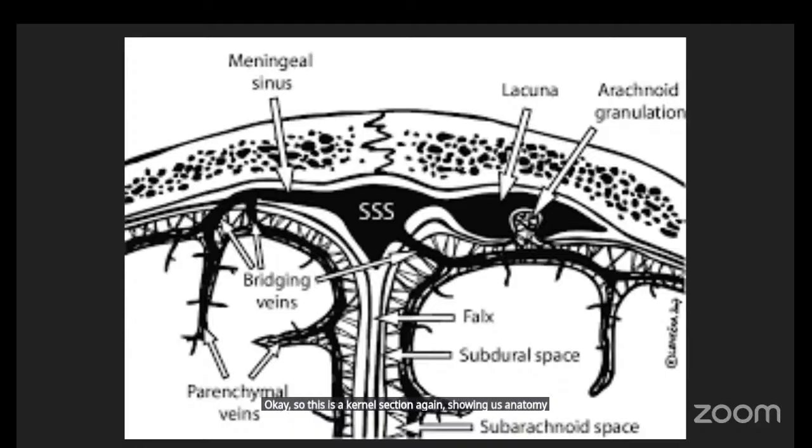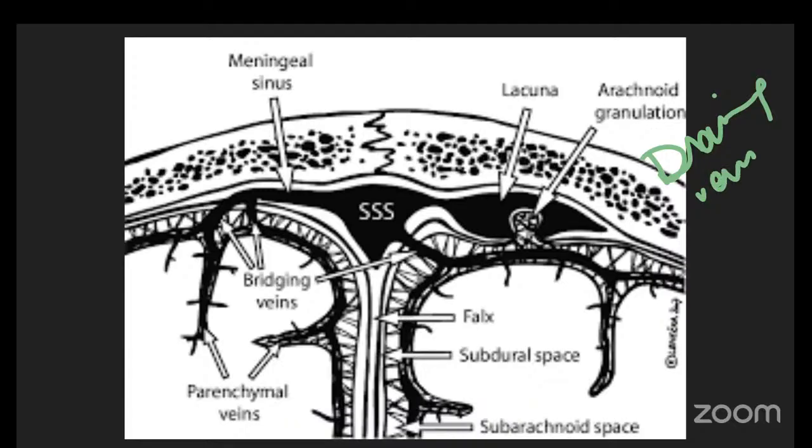Okay, so this is a coronal section again, showing us anatomy. It shows some bridging veins. It shows the parenchymal veins and the superior sagittal sinus, the arachnoid granulations, the lacunae, the same illustration that we have discussed before. There is only one important thing that I wanted to note here. I will show the image later on in the presentation, but let's see. So the draining veins enter into the superior sagittal sinus at an acute angle.